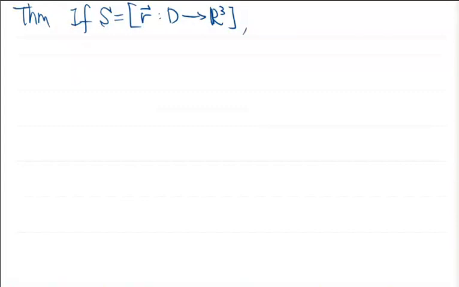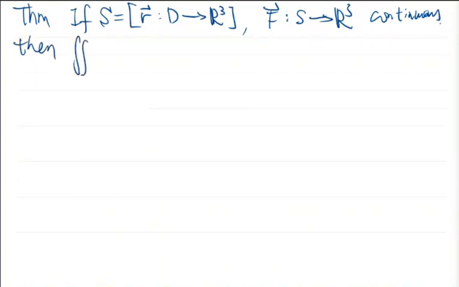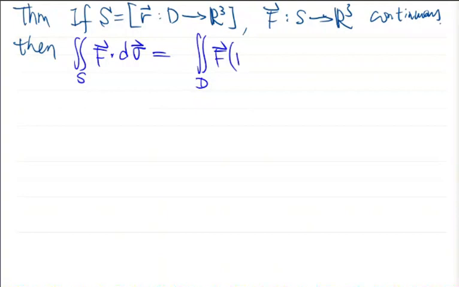And F is a continuous vector field over S. Then the flux integral of the vector field is the double integral by substituting... maybe I will write it in another, more detailed way.